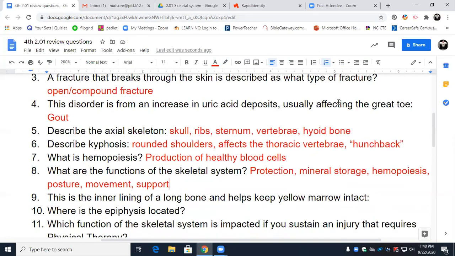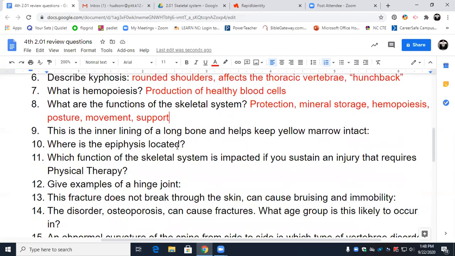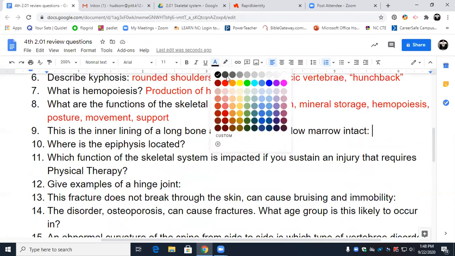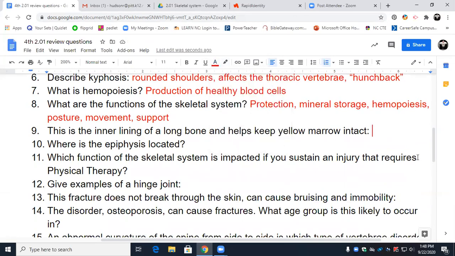All right, I'm scrolling down. And at the end, if we need to go back, you just let me know which ones we need to go back to, okay? The inner lining of the medullary canal, and it keeps the yellow marrow intact, is the endosteum.